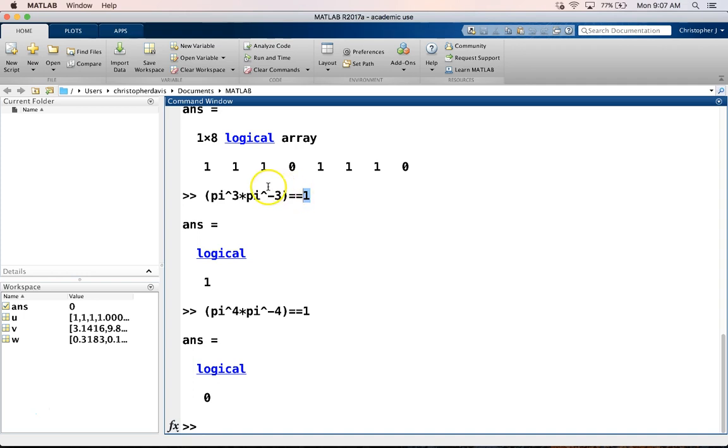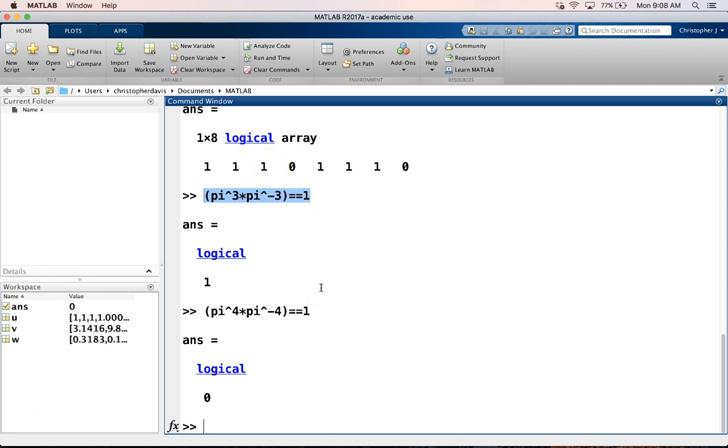And so what's the moral of this? The moral definitely isn't that we're going to have to go through and figure out what's special about pi to the 4th, what makes it different from pi to the 5th. The special thing is that you need to know that if you're doing some kind of arithmetic with real numbers, even with numbers like square root of 2 in MATLAB, you shouldn't expect anything to be exactly equal. So how could we fix this? What would be a solution?